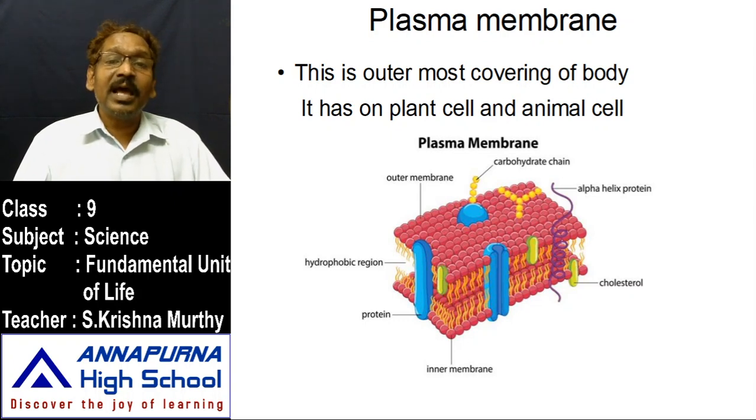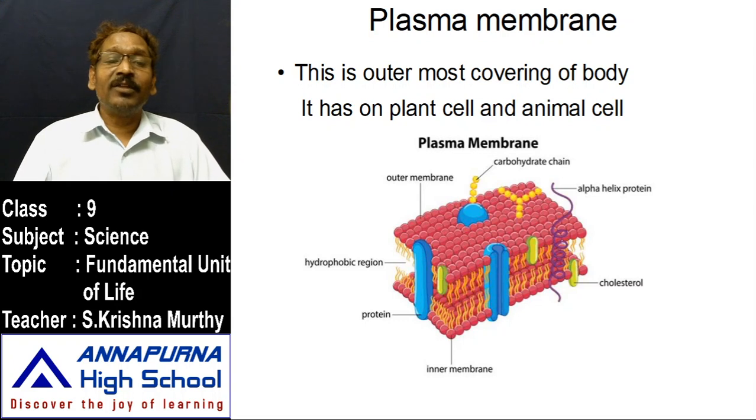Through these small pores, the plasma membrane can absorb whatever is needed by different kinds of processes. What are they? One is the osmosis process and another is the diffusion process. Later we will discuss diffusion and osmosis.